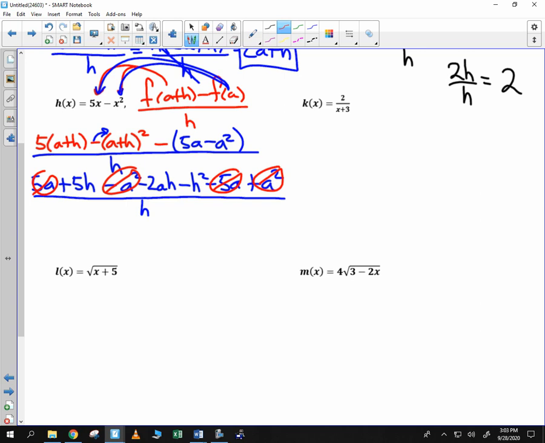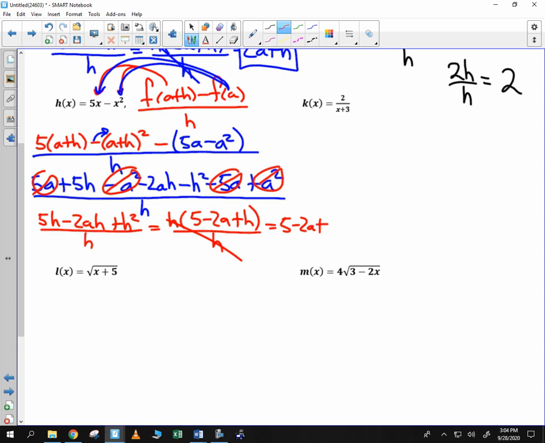Notice everything that didn't have an h cancels. And so you are left with 5h minus 2ah minus h squared all over h. Should be able to factor out an h: h times 5 minus 2a minus h, over h. They cancel, leaving me with 5 minus 2a minus h.